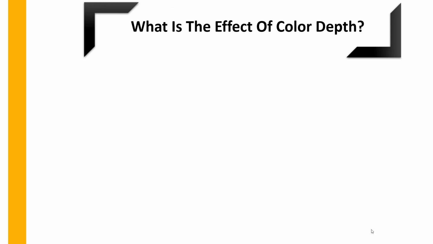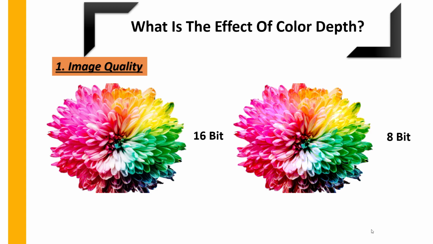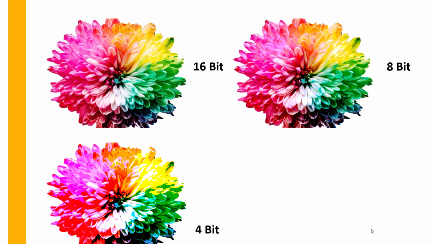Now we will look at the effect of color depth on an image quality. Suppose an image has a color depth of 16 bits. We reduce the color depth to 8 bits. As you can see, the image has lost some of its colors. It is not as vivid as the 16-bit image. This effect will be more pronounced if we reduce the color depth to 4 bits.